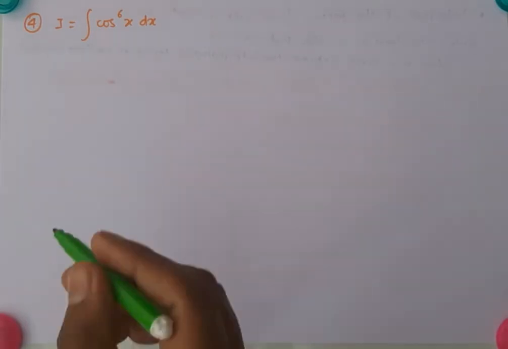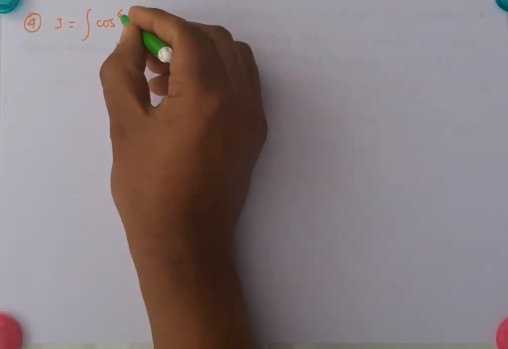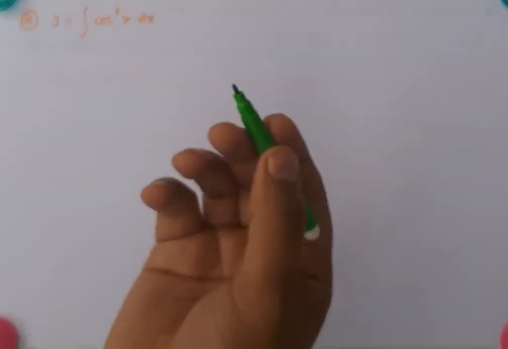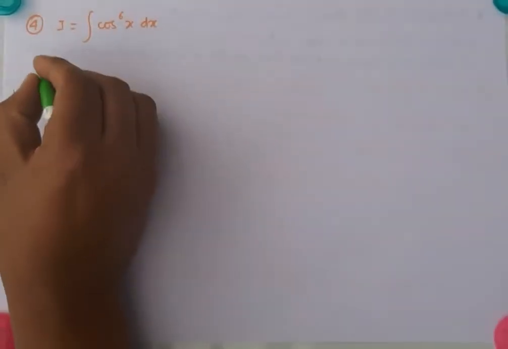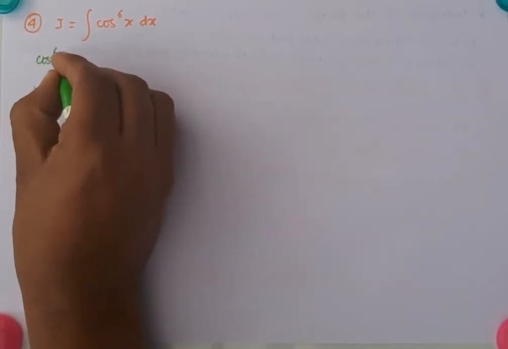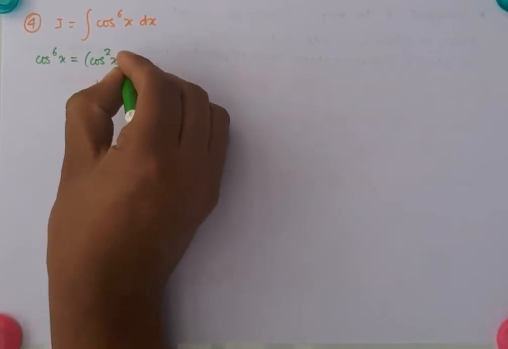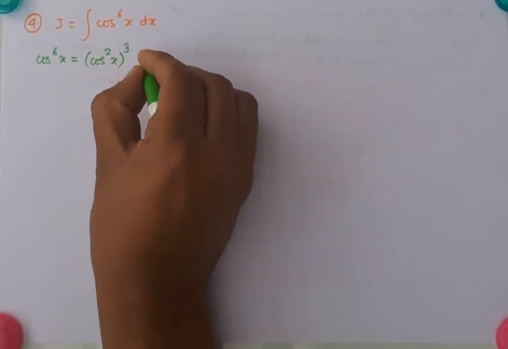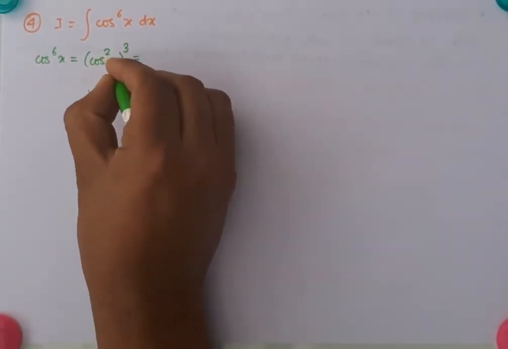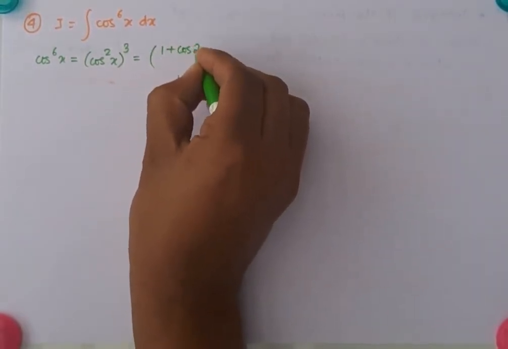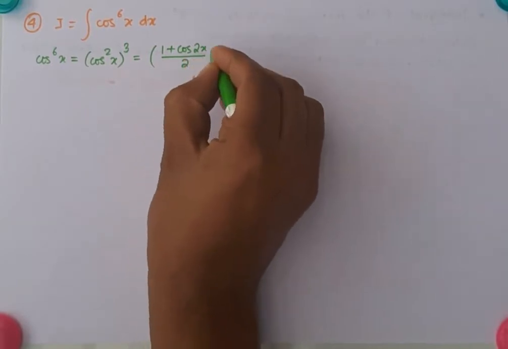Now let's have a look at this particular problem. As you all know, as the power is 6, which is even, we need to express the integrand in terms of multiple angles. So cos to the power 6x can be written as cos square x whole cube, and I have already given you the formula. We have cos square theta equals 1 plus cos 2 theta by 2, whole cube.